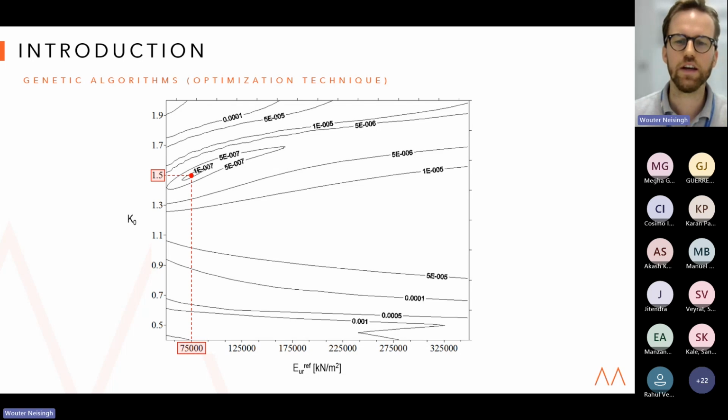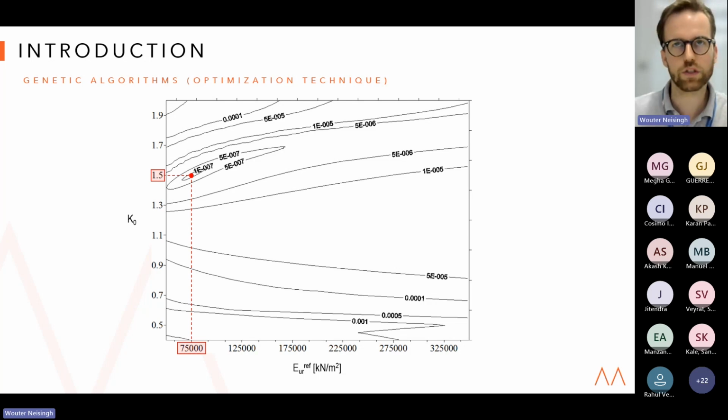Because what you see here is a visual representation. It's a plot representing unloading and reloading conditions, for instance, used in hardening soil models. On the vertical axis you see the K0, the coefficient of earth pressure. That's used often in underground construction, specifically for tunnels, because it gives you insight into how the soil behaves under its own weight.